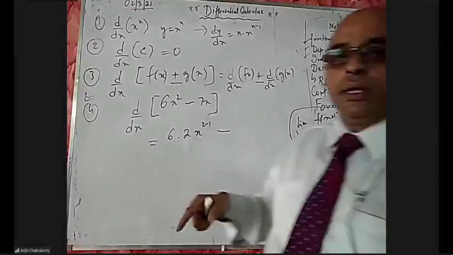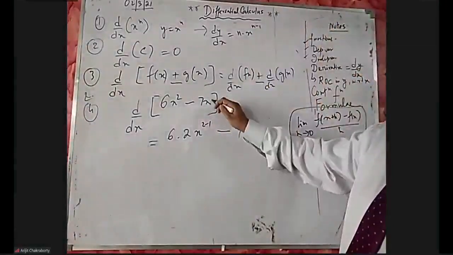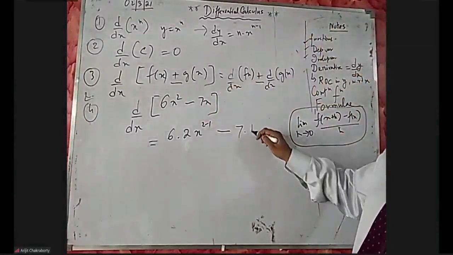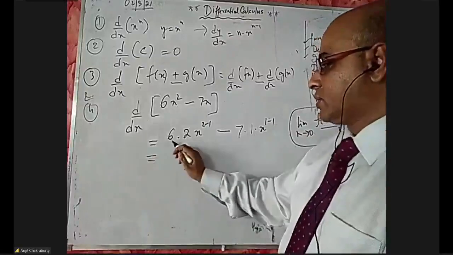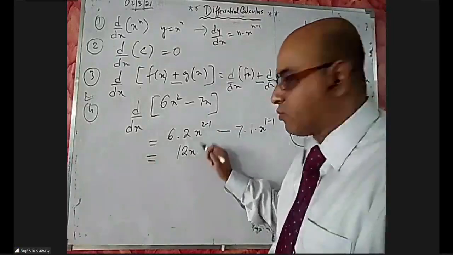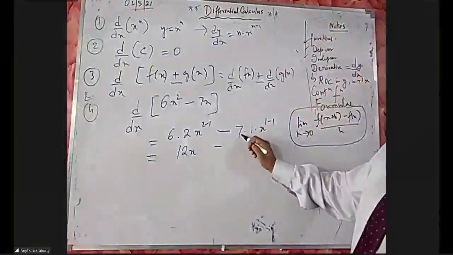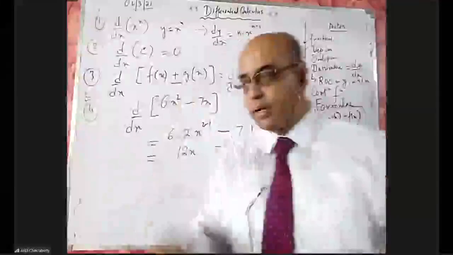Now I put the minus sign here again, 7x: 7 I bring out, we have x to the power 1, so it will be 1 into x to the power 1 minus 1. So I get 6 into 2, that is 12x, and here I have 7 into 1 into x to the power 0. Anything to the power 0 is 1, so this is 7.